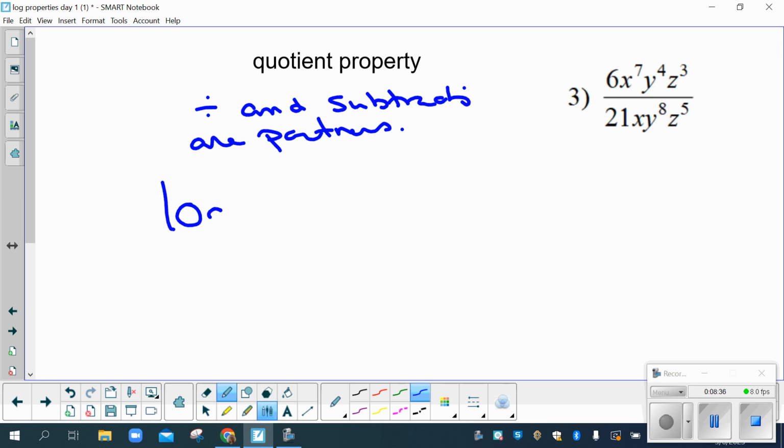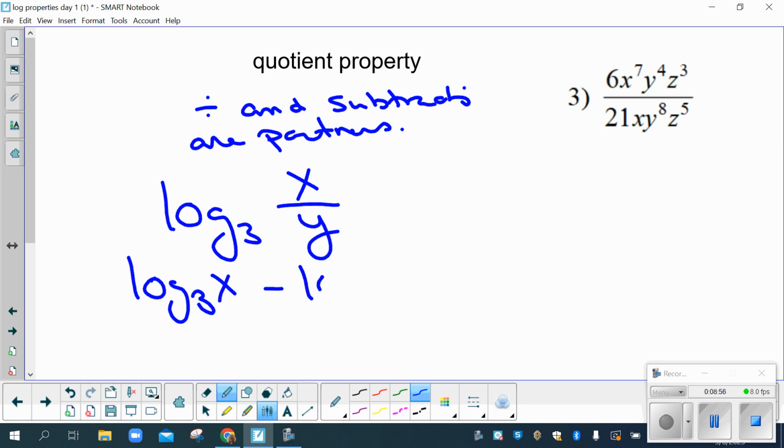It's going to say log 3 of x over y. And there's only one thing that you need to know. When you subtract, the bottom guy is always after the minus sign. So it's going to look like this: log 3 of x minus log 3 of y. Does that make sense? Nice and easy? Yeah? That's pretty nice and easy.